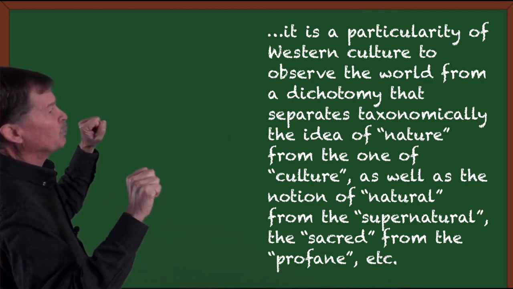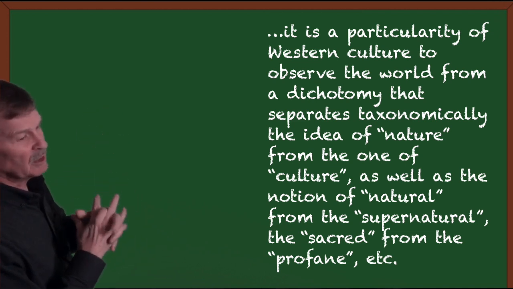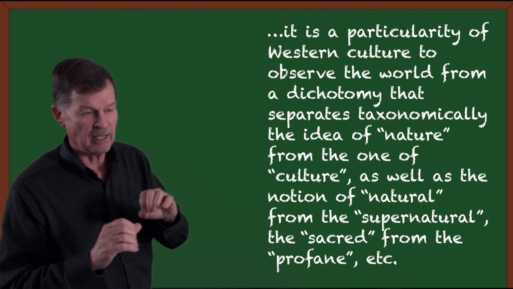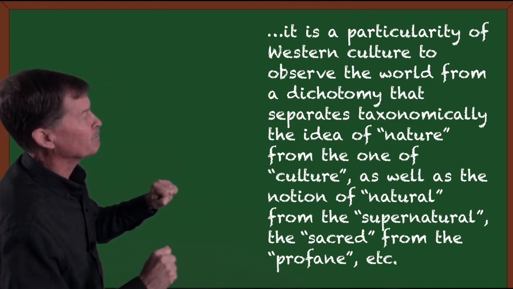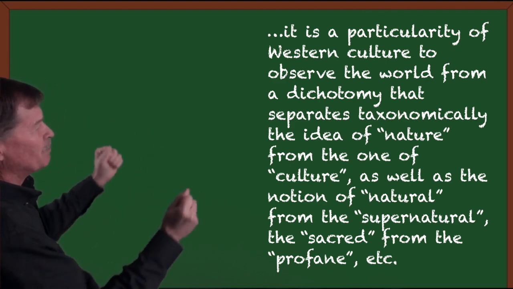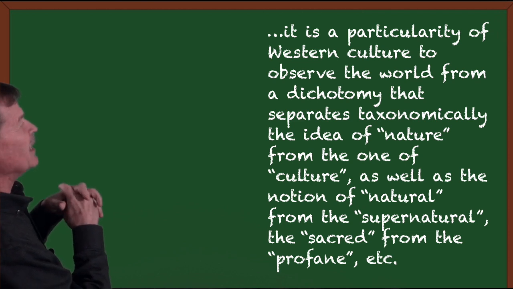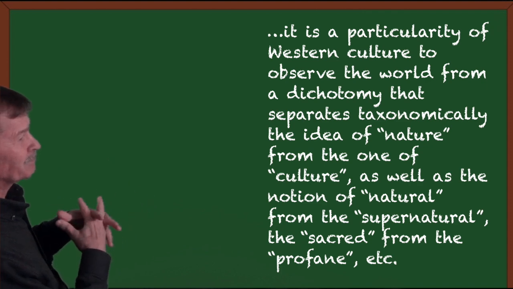So we observe the world from a dichotomy, and that was Western philosophy. Western philosophy invented the idea of categories and of division, of dividing, of separating. And so dichotomy means separation into two, that separates taxonomically the idea of nature from the one of culture.